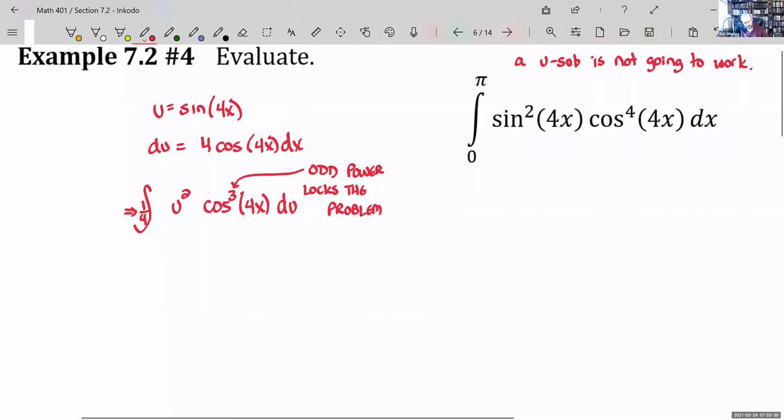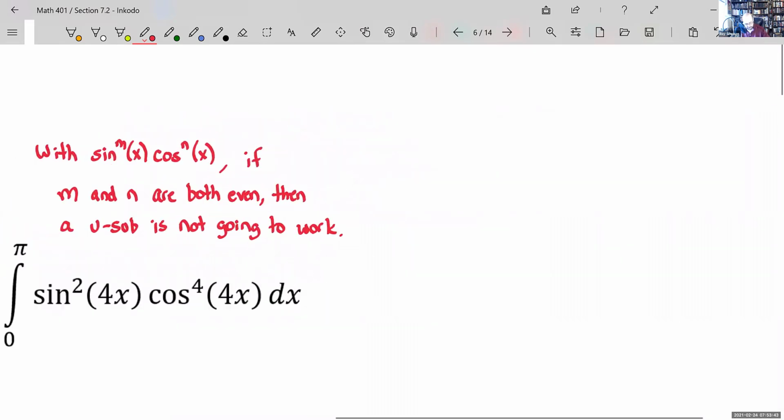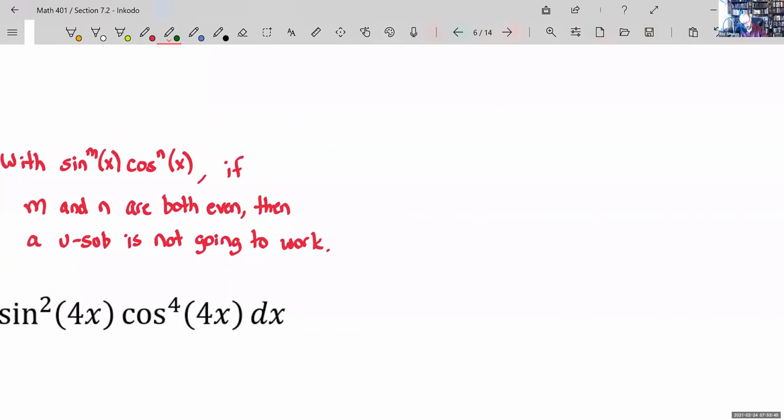So in this case, where they're both even, with sines and cosines, if both powers are even, we're going to use the half angle identities, or the power reduction formulas.